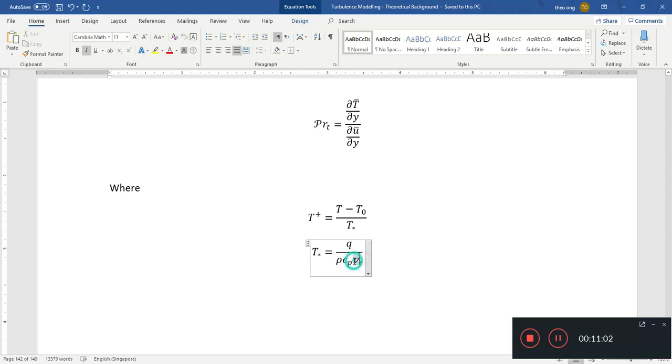This is how we measure this friction temperature. Why is this important? Remember the friction velocity u star, where u star squared is tau wall over the density. Just to remind you.